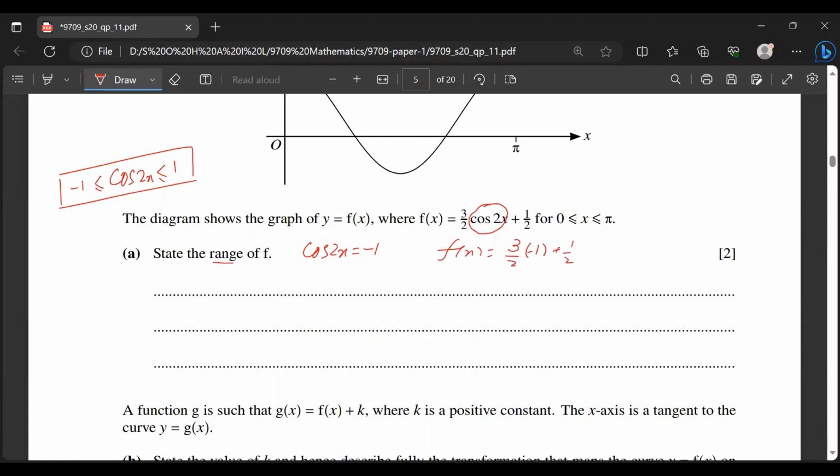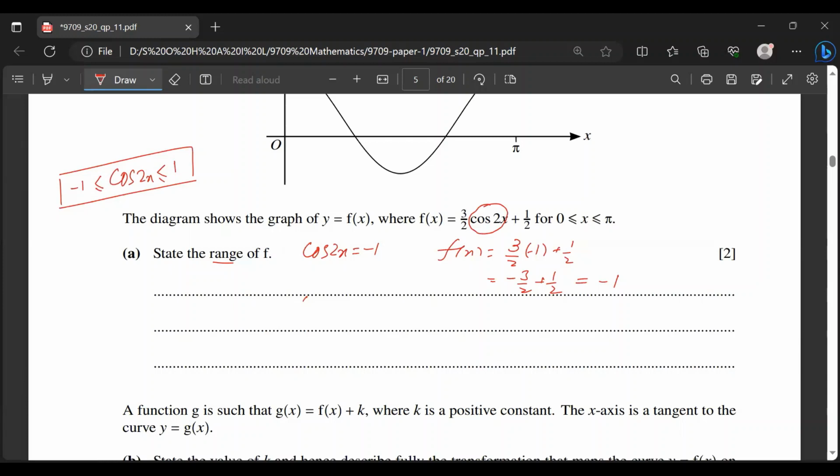So this answer is coming as -3 over 2 plus 1 over 2, which is equal to minus 2 over 2, equals -1, correct?